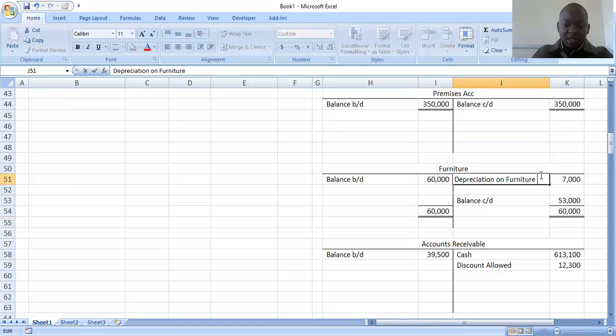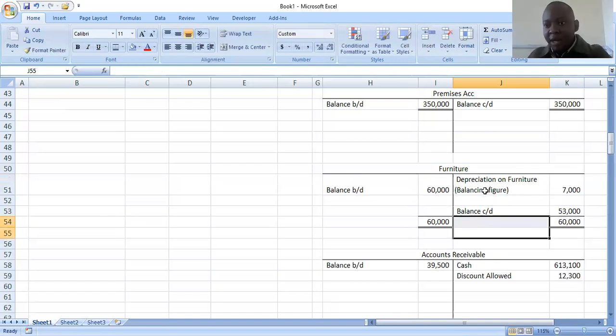So for your future reference, let me call this the balancing figure. We've obtained this 7,000 by balancing off this account.